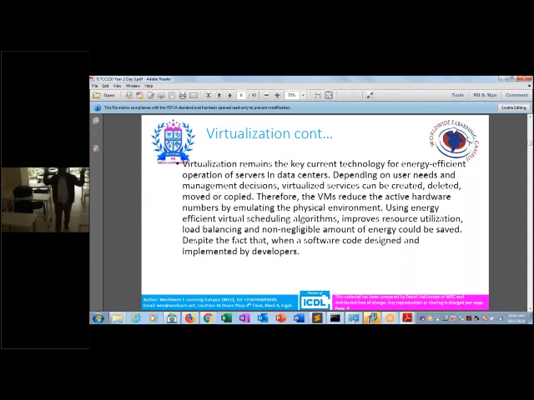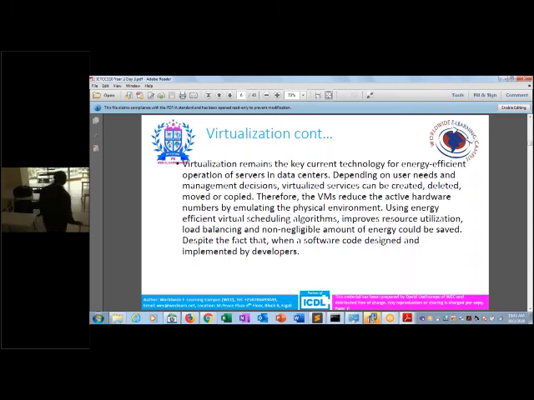And a negligible amount of energy could be saved. As we are using those virtual machines, the amount of electricity consumed should be reduced because a virtual machine consumes less than a physical one.